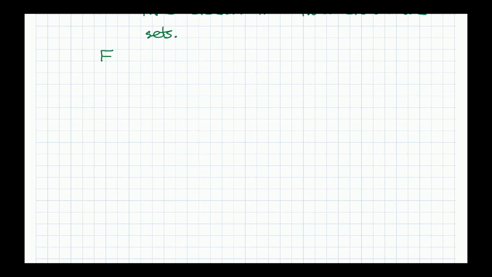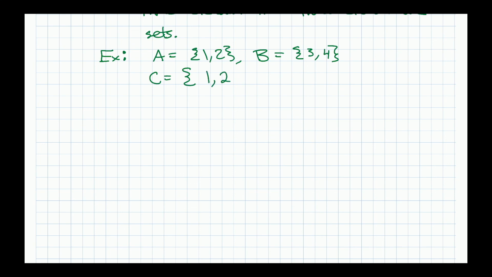Also, here's an example. Let's say A is the set 1, 2, right? And then B is the set 3, 4, right? You can have a set like this, C equals, what if I have a set that contains the element 1, the element 2, the set 1, 2, the element 3, the element 4, and the set 3, 4, right?